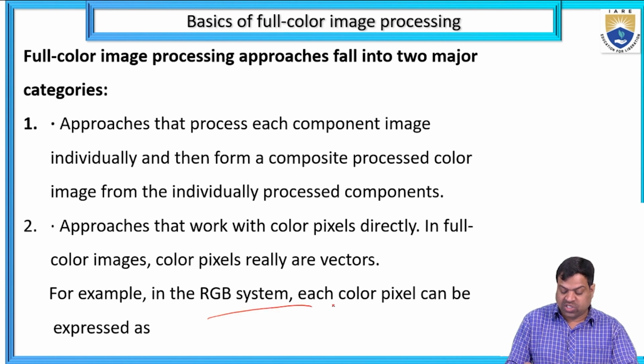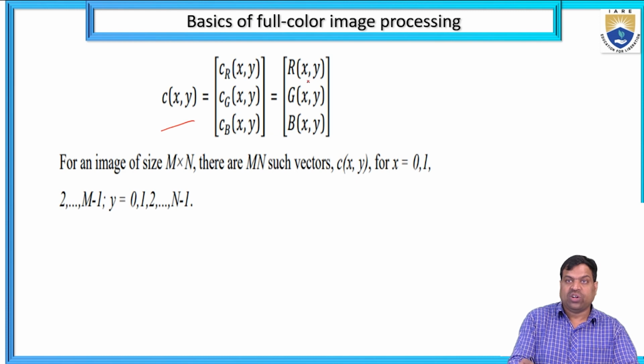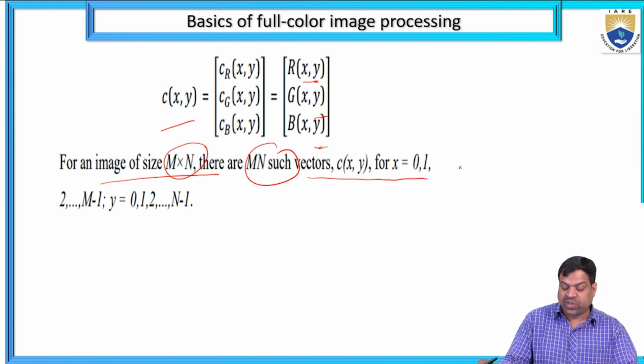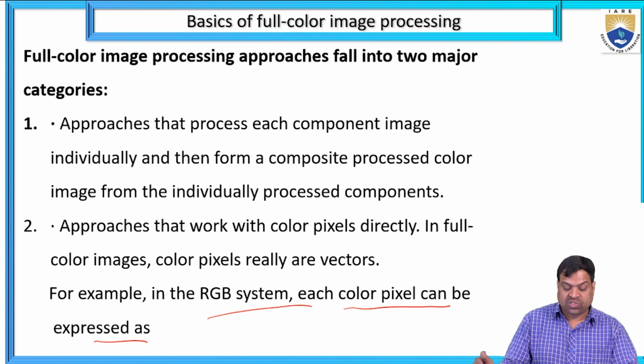For example, in the RGB system, each color pixel can be expressed as C of x, y equal to CR of x, y, CG of x, y, CB of x, y, which is R of x, y, G of x, y, B of x, y. For an image of size m by n there are mn such vectors C of x, y, for x equal to 0, 1, 2, up to m minus 1, and y equal to 0, 1, 2, up to n minus 1. So a full color image is nothing but a true color image.